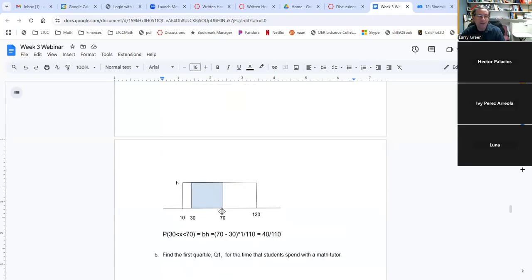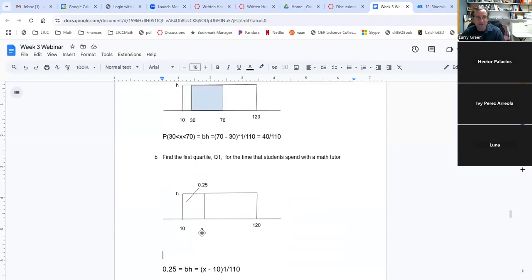Just like over here, we said 70 minus 30 when we knew the numbers. We subtracted. Well, we're still going to subtract, but now we don't know x, so we just call it x minus 10. The height was 1 over 110. So now we have 0.25 equals x minus 10 times 1 over 110.